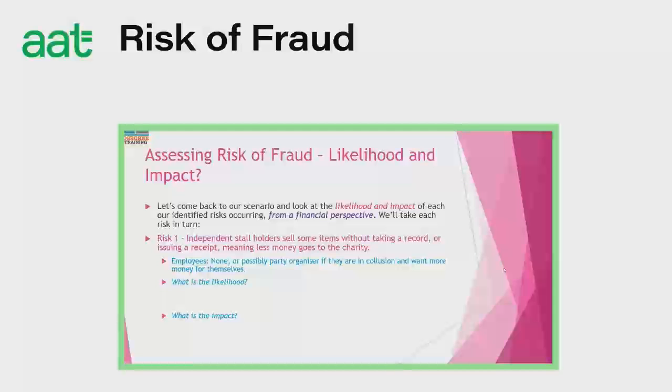We decided that probably wouldn't be much risk from an employee perspective, might have a party organizer, the event organizer, if they're in collusion. What do we think is the likelihood of this risk happening? What is the impact? So high, medium or low, you can just pop one of those three answers into the chat box.